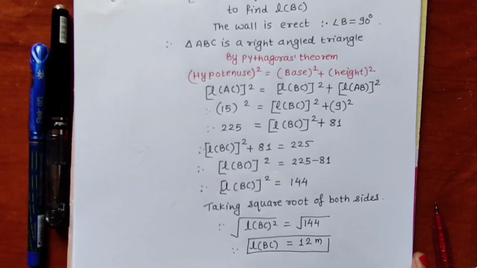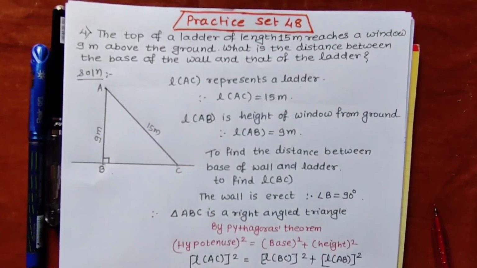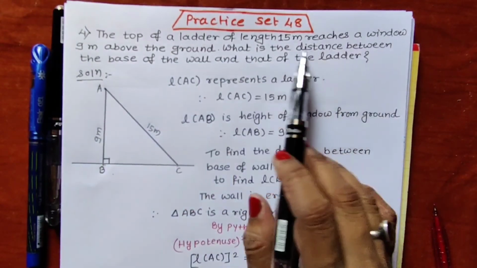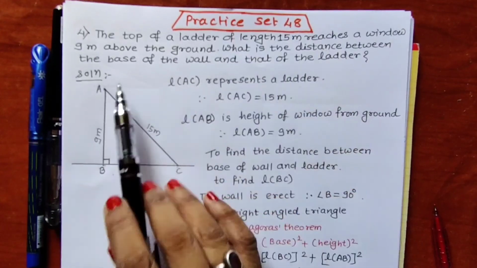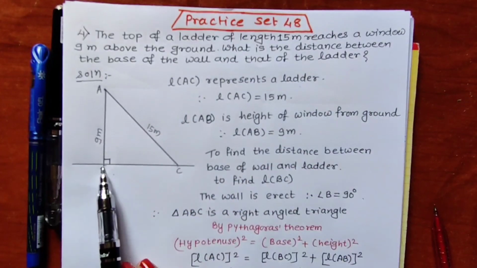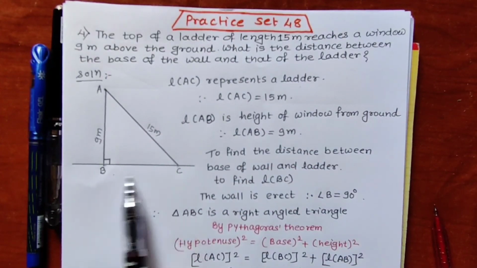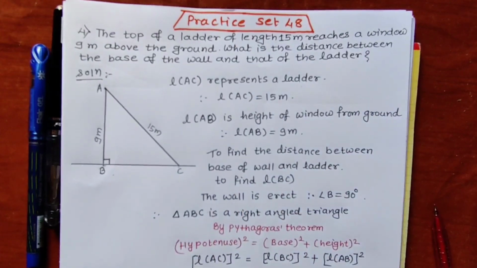Our question is a word problem, so we should write the answer statement properly. What is the distance between the base of the wall and that of the ladder? The distance between the base of the wall and the ladder is BC. So we should write the answer statement.